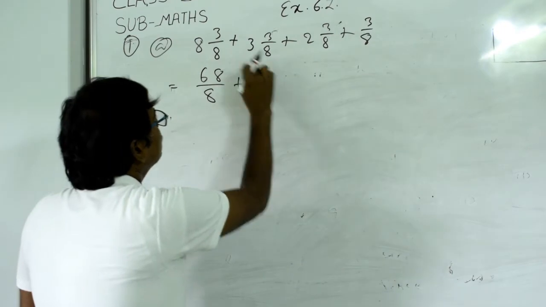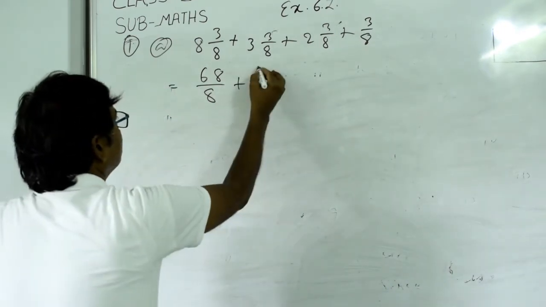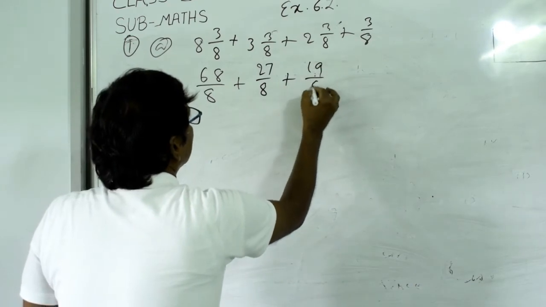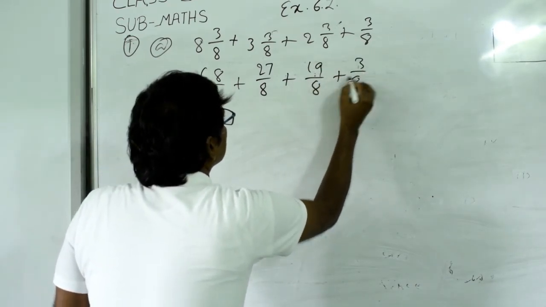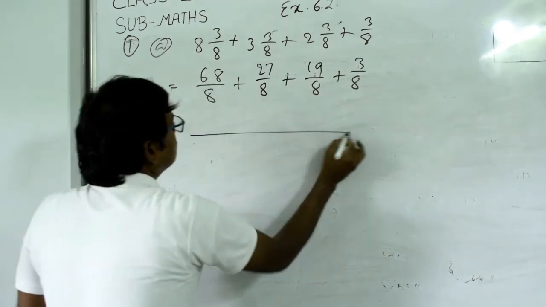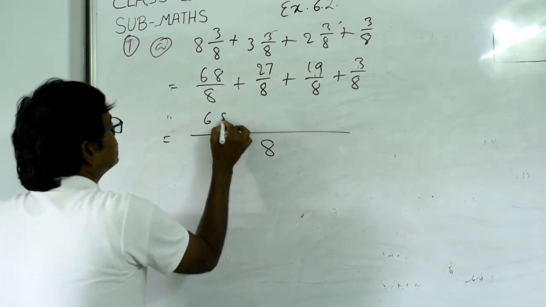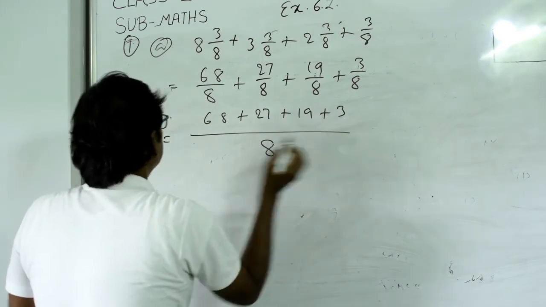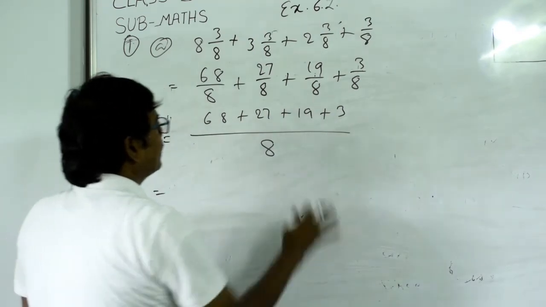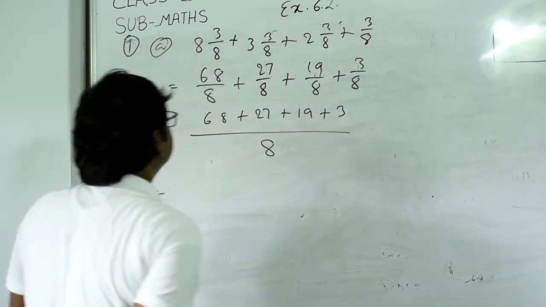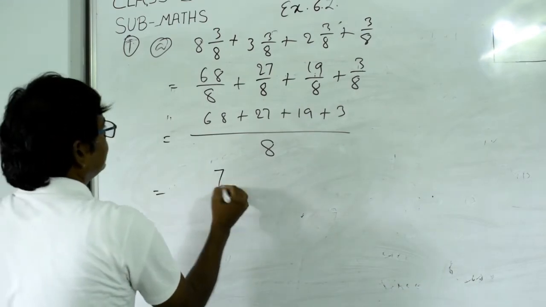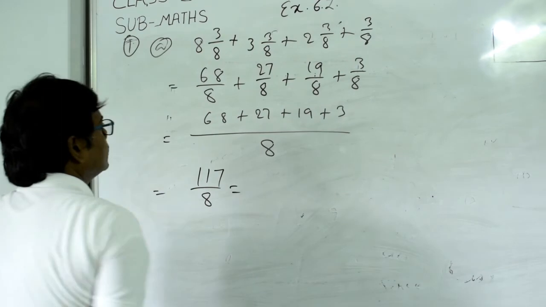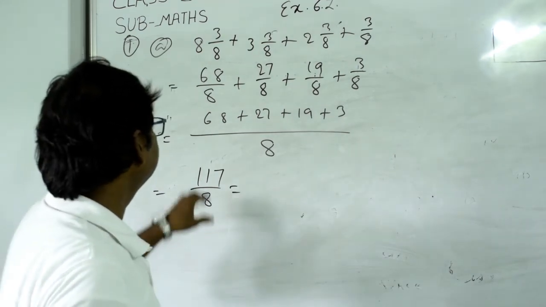Here 8 3s are 24 plus 3 is 27 by 8, 8 2s are 16 plus 3 is 19 by 8, and this is 3 by 8. Here the LCM is 8, so write 8 here, and then 68 plus 27 plus 19 plus 3, then add all these numbers. So this is the answer of this question.